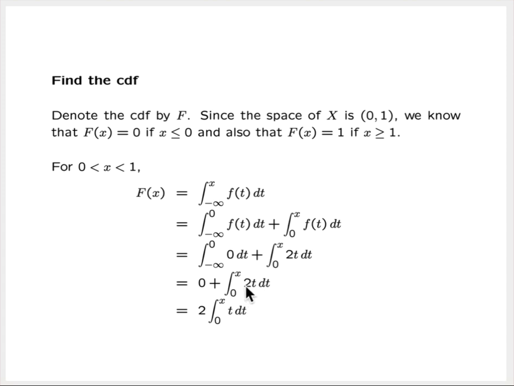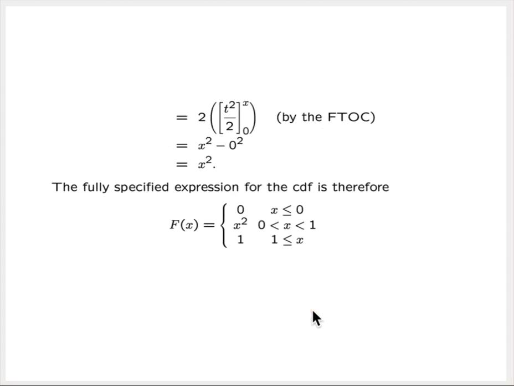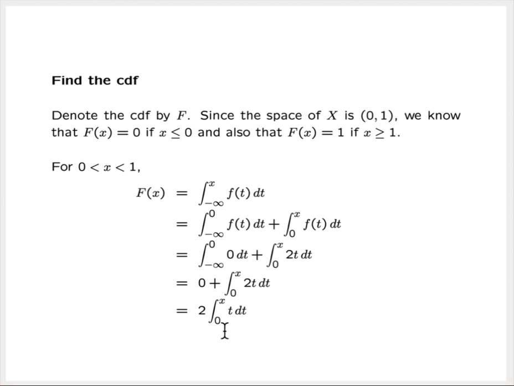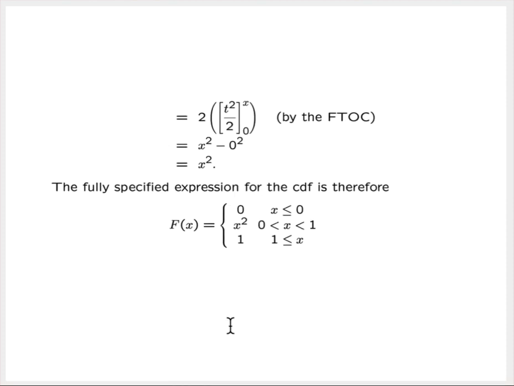Now again, we can pull the constant 2 outside of the integral using properties of integration. All right, so that's straightforward. And then again, we're going to use the fundamental theorem of calculus. We know that the antiderivative of the function t is t squared over 2. So by the fundamental theorem of calculus, we get this expression here.